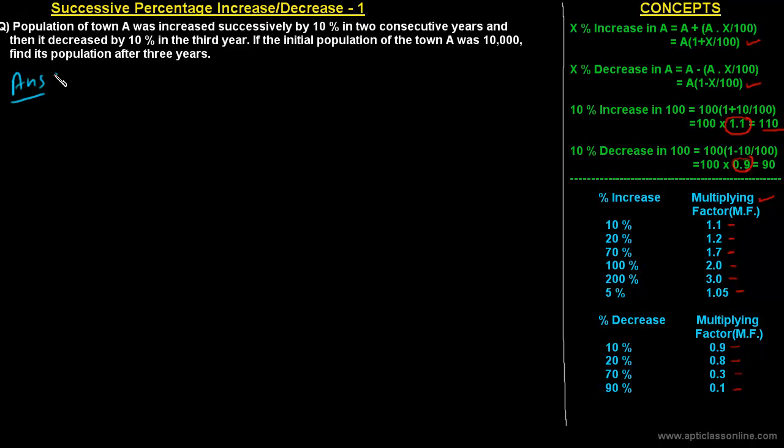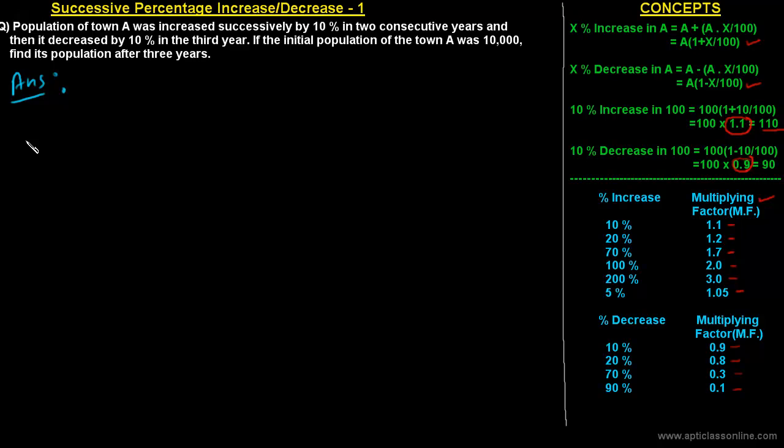The question is, first let's read this question. Population of town A was increased successively by 10% in 2 consecutive years, and then it decreased by 10% in the third year. If the initial population of town A was 10,000, then find its population after 3 years.